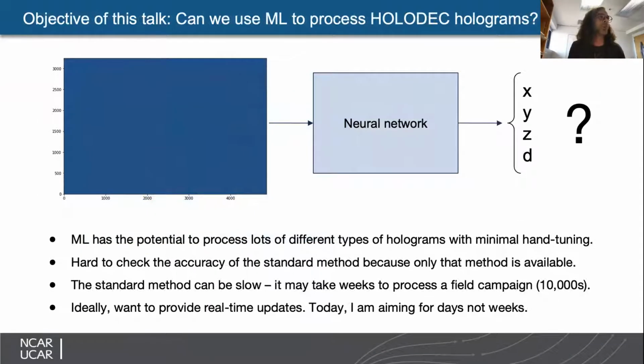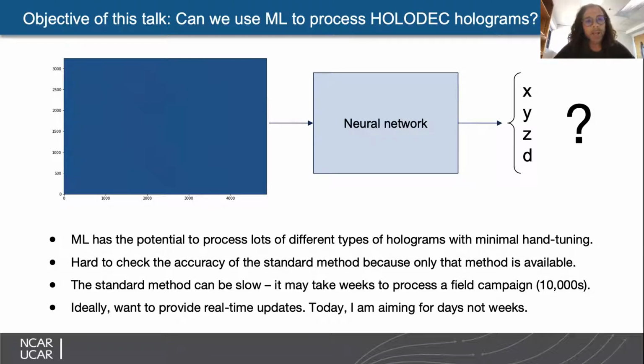So the main objective of this talk is, can we use machine learning to process these holograms, okay? Only the standard method exists as far as I know, and there are no machine learning approaches that can do the full scope of what we want. One of the main potential advantages of a data-driven method is that, because a neural net is involved, we might be able to use it to learn about lots of different types of holograms.